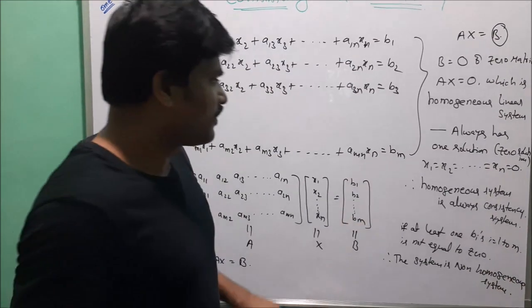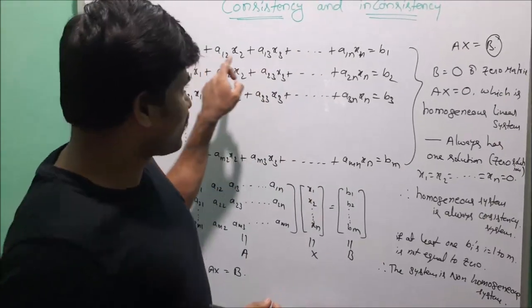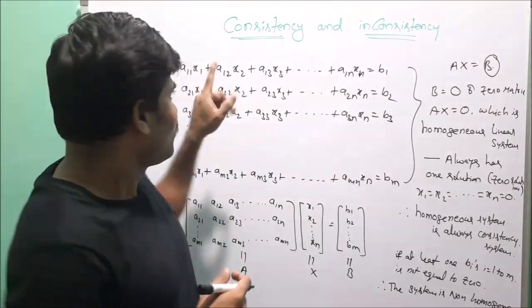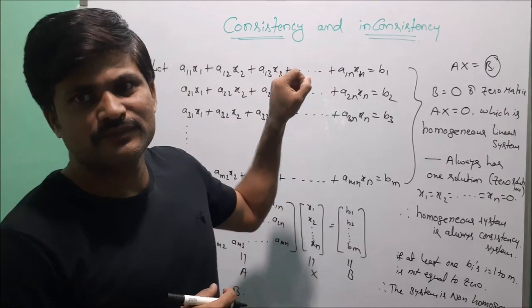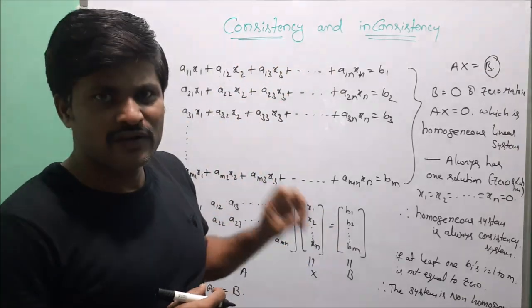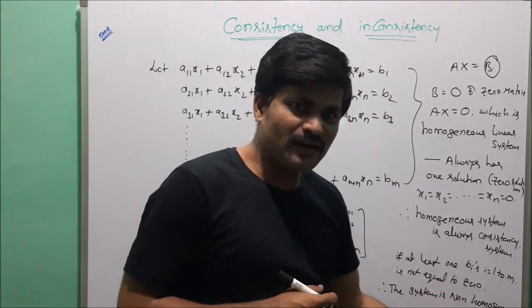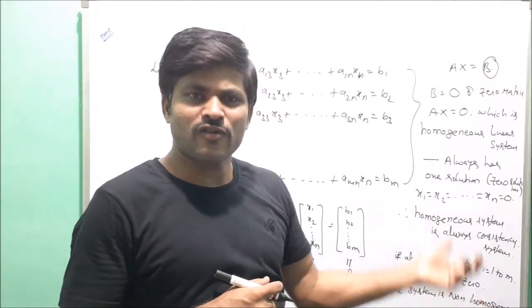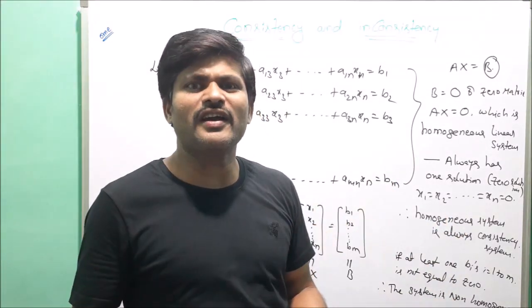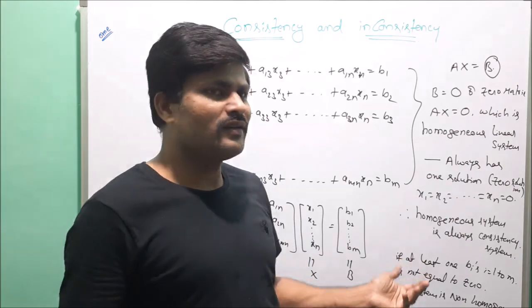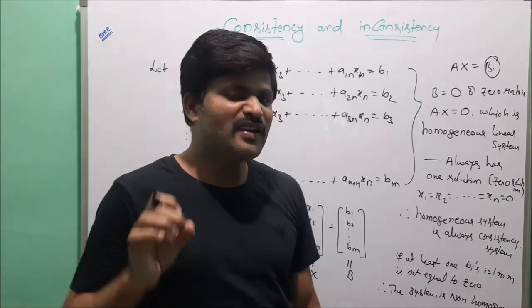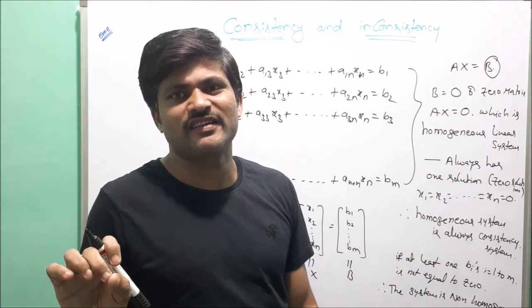Here we observe that the zero solution does not satisfy all equations. Therefore, the system has either a solution or does not have any solution. So the non-homogeneous system is consistent or inconsistent.